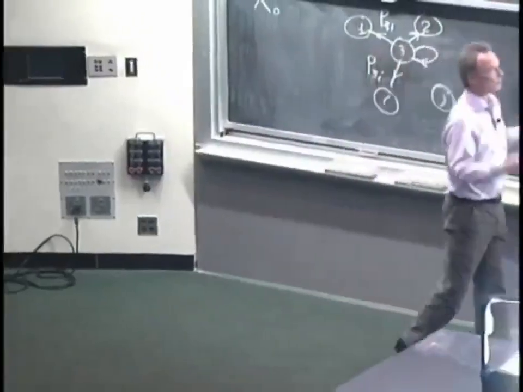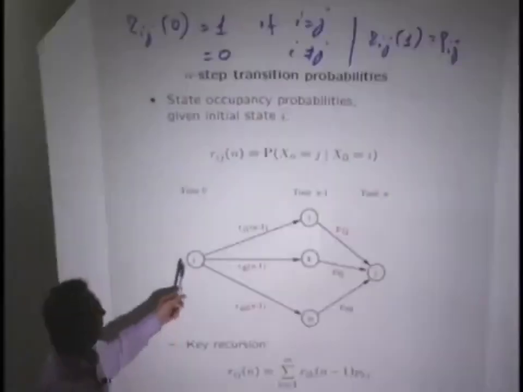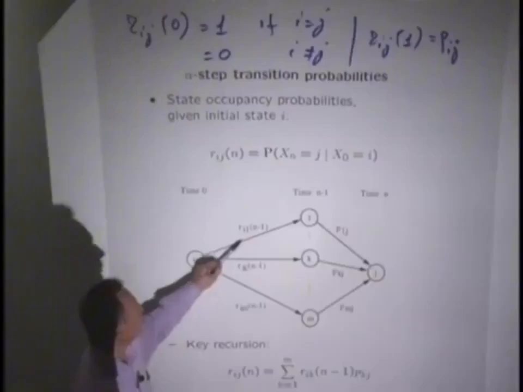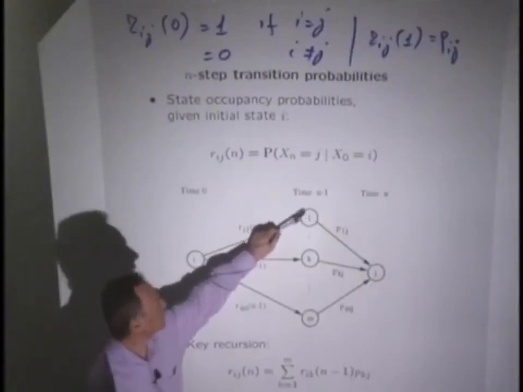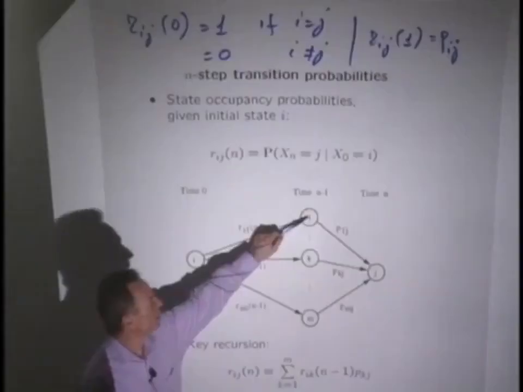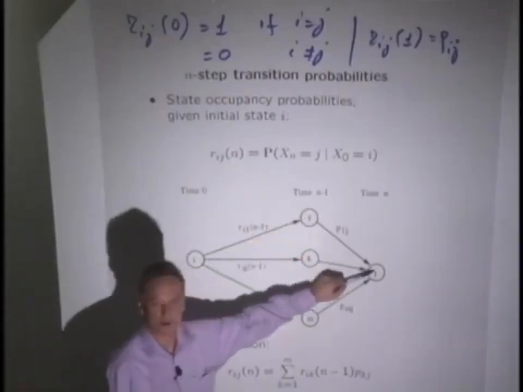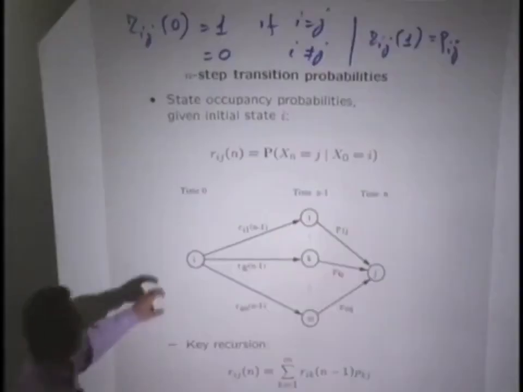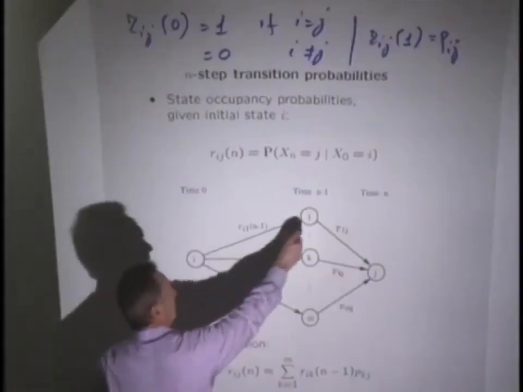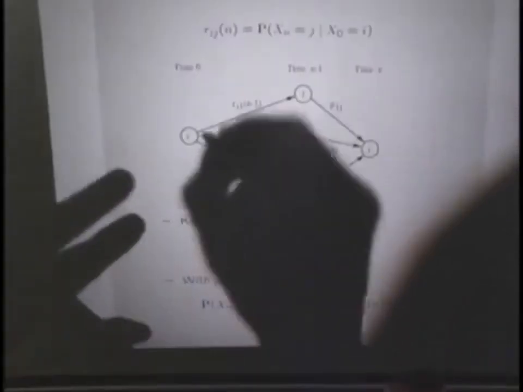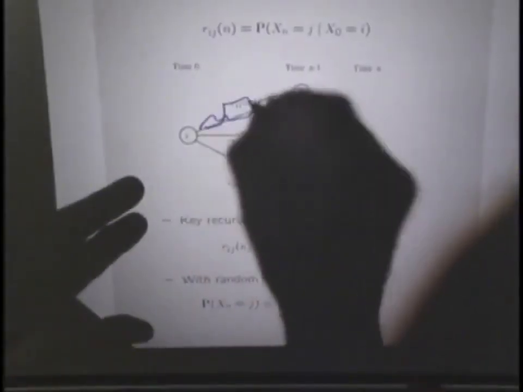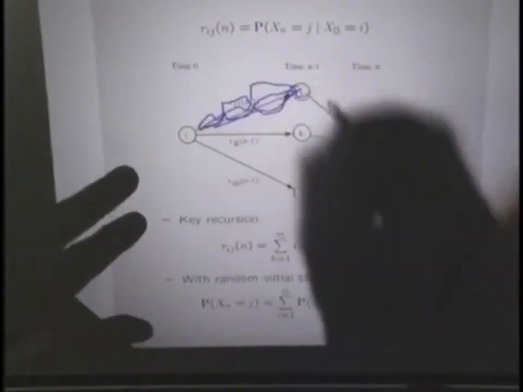One scenario is the following. During the first n-1 time steps, things happen, and somehow you end up at state 1. And then, from state 1, at the next time step, you make a transition to state j. This particular arc actually corresponds to lots and lots of different possible scenarios, different paths or transitions.